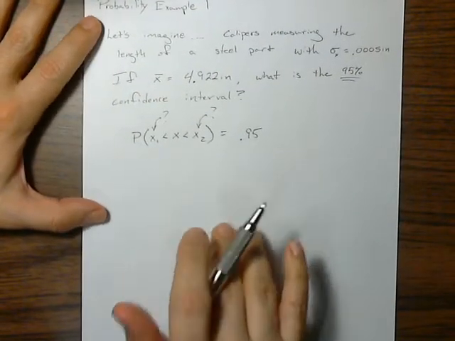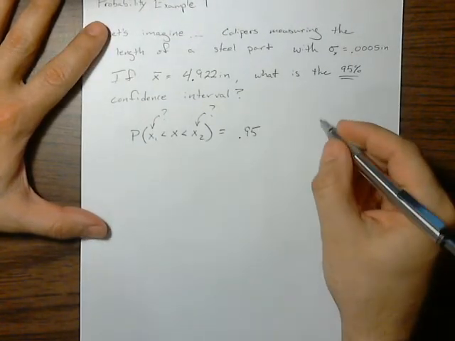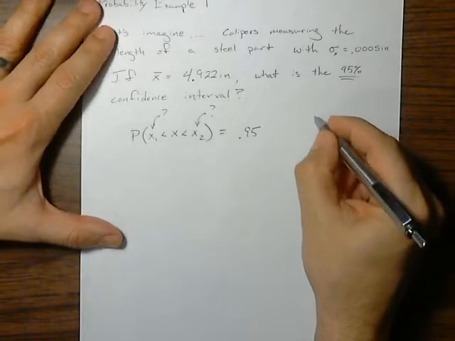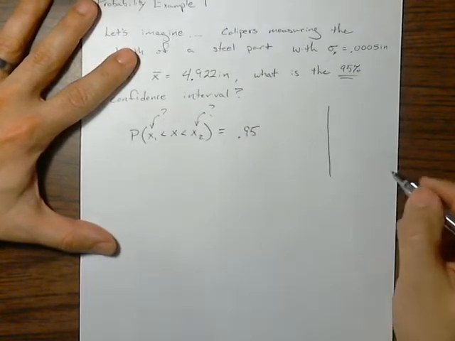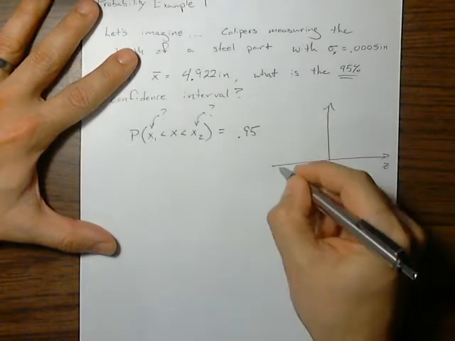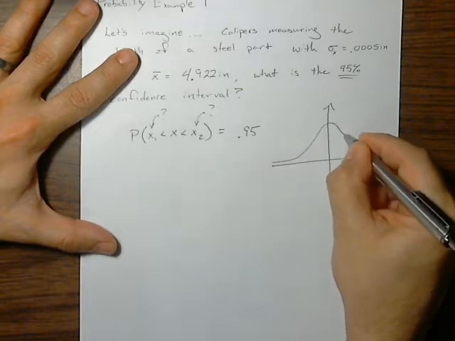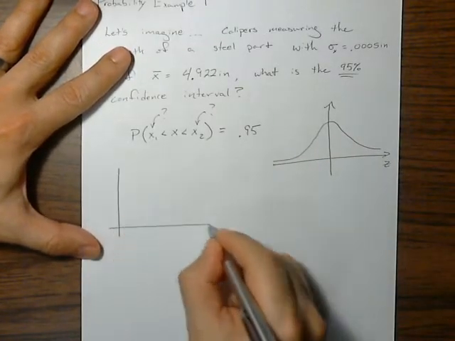So here we go. If this is the case, what we would want to know then is how do we choose x1 and x2? So in our scenario, we'll turn this into z in a minute. Let me put it in terms of x first.